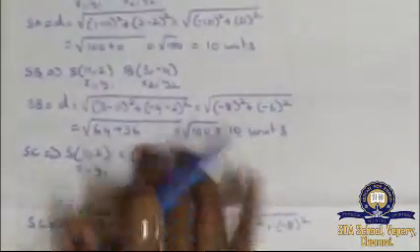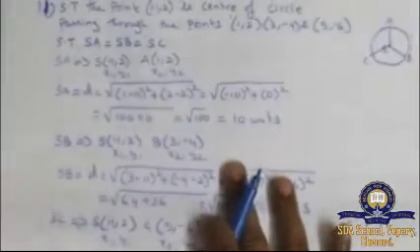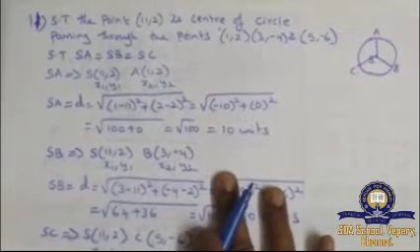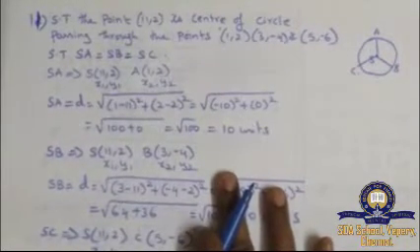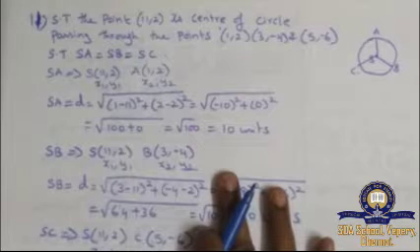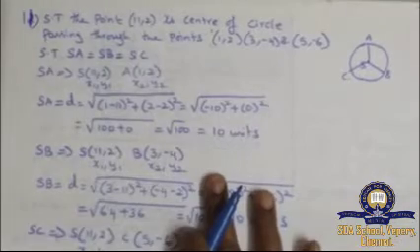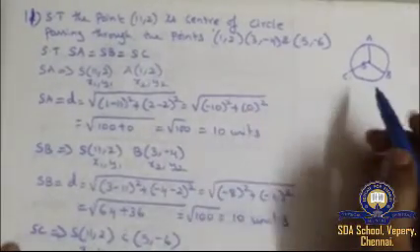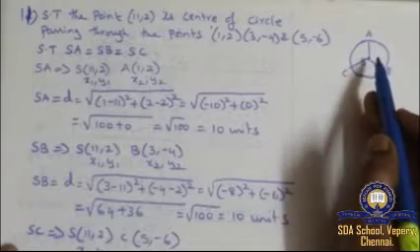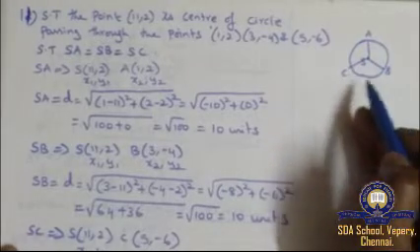Next, one more sum, that is the 11th question. Show that the point (11, 2) is the center of the circle passing through the points (1, 2), (3, minus 4), (5, minus 6). They are saying that we have a point which is the center of the circle, and the circle passes through the points.